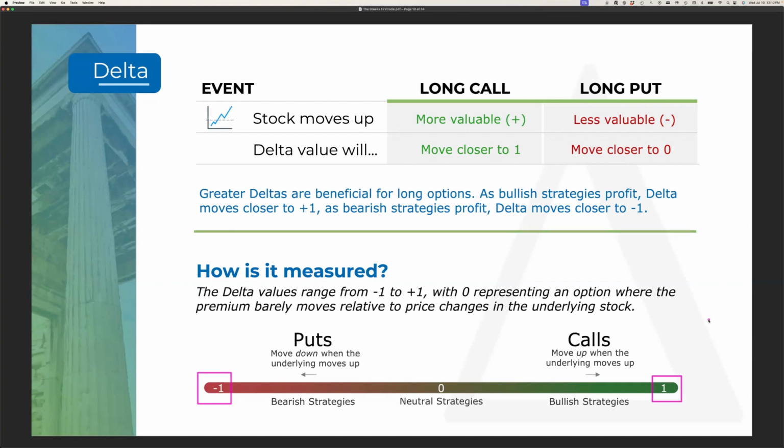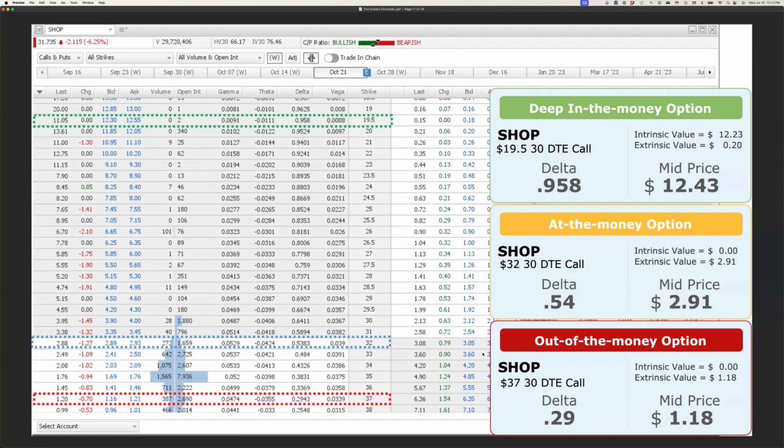So when you're selecting an option, you have a choice of choosing deltas that are between 0 and 1 for calls, and between 0 and -1 for puts. And depending on which one you choose, they're going to have different prices. But depending on which delta you choose, that's how you're going to determine what exposure you have to the underlying security using the call. So let's use Shopify, for example, here.